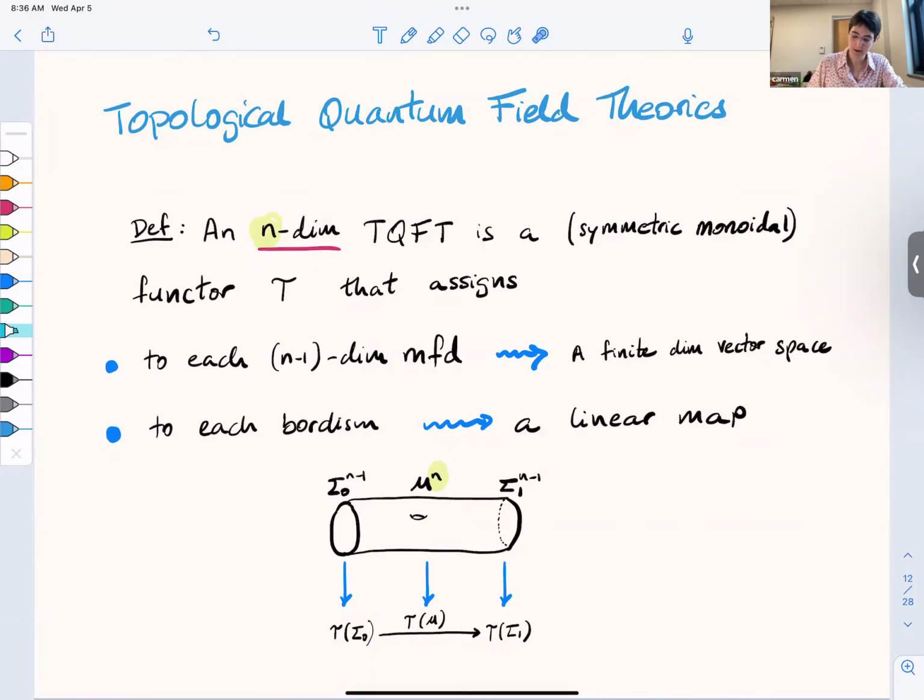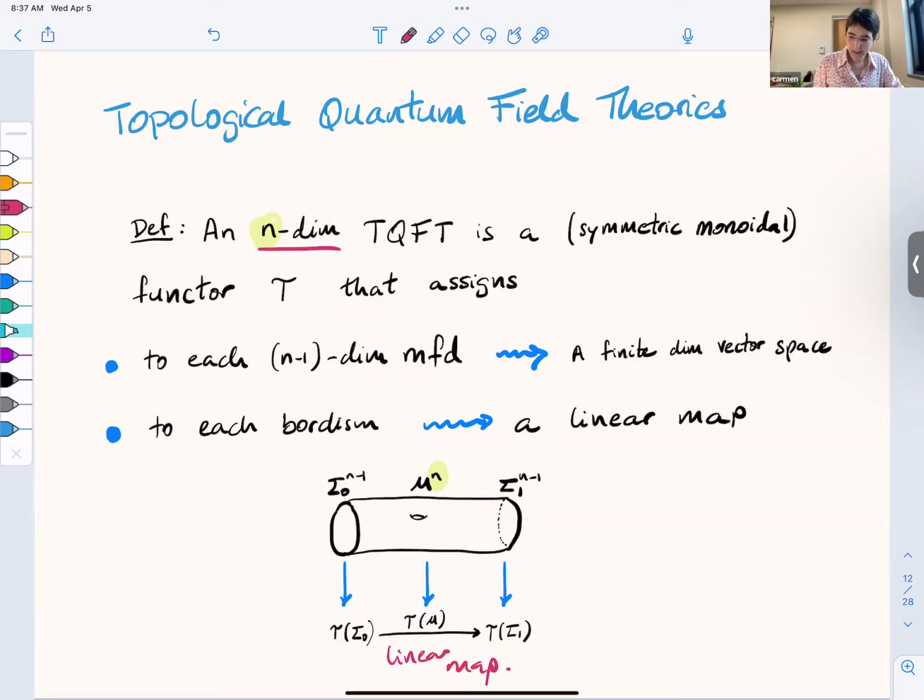On each end of that map, we have vector spaces. What does my functor do to each bordism? Well, the bordism is sent to a linear map. So we get a vector space, and then the cobordism gets sent to a linear map. So this thing here is a linear map.